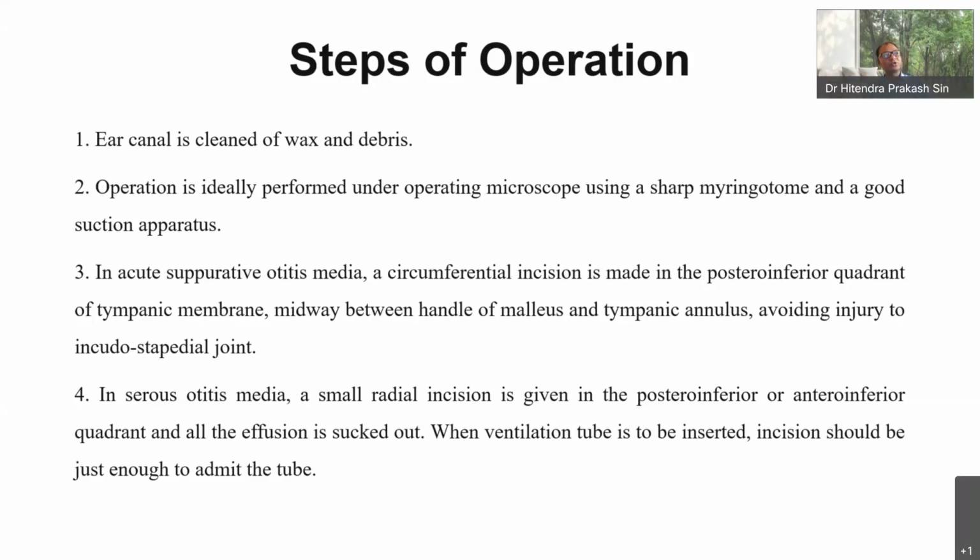In cases of serous otitis media, a small radial incision is given in the posterior inferior or anterior inferior quadrant, and all the effusion is sucked out. And if there is need, we put a ventilation tube or grommet.